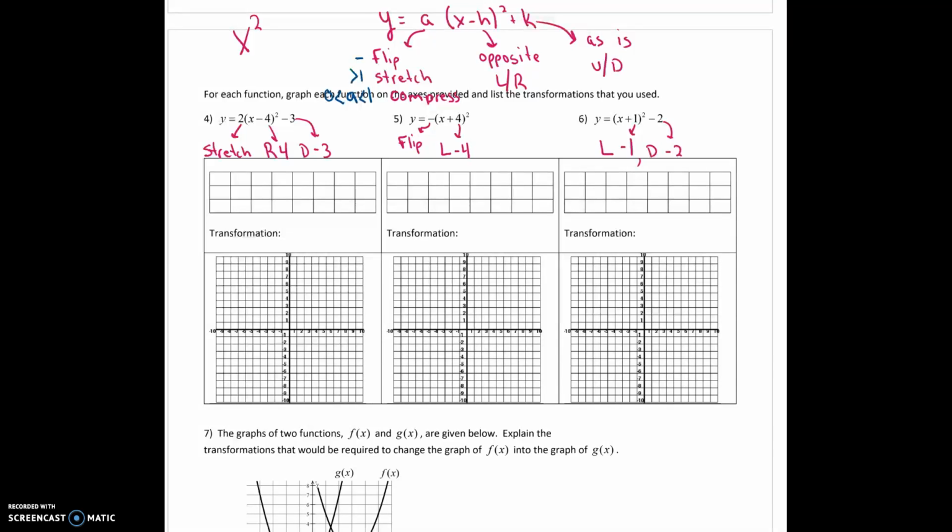We decided as a class that most of us were most comfortable with finding the vertex, and we would put the vertex in the middle. I don't know why I have so many little boxes, but I'm just going to write in general, x and y, and put the vertex in the middle. For the vertex, we always do the opposite, so it's 4. Notice that's the 4 we have here. And then the other one as is, so negative 3.